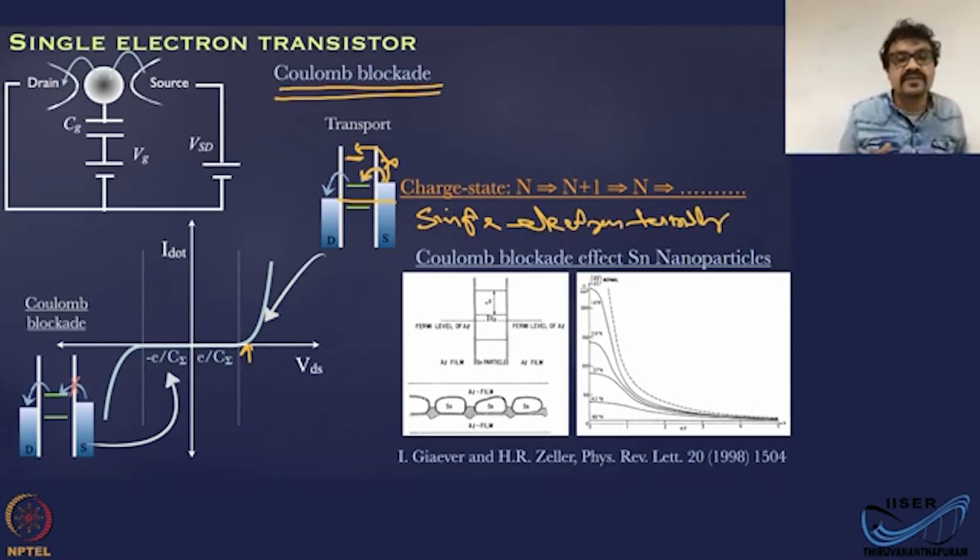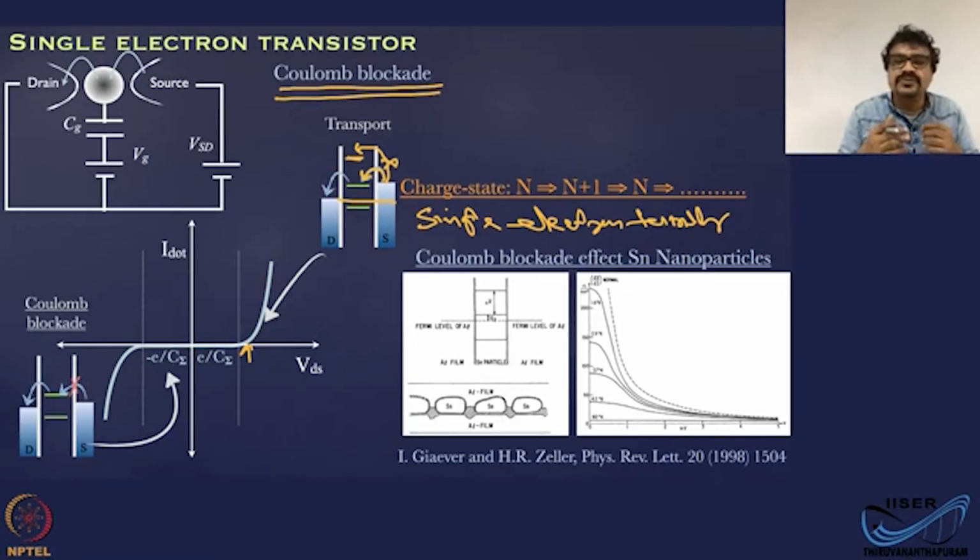And this device is a three-terminal device, controlled by source, drain and a gate, which is similar to a transistor, a MOSFET, where you have source, drain and a gate also. But this one is operating in a regime where you are going to see the effect of quantization of the charge, or the discrete nature of the charge.